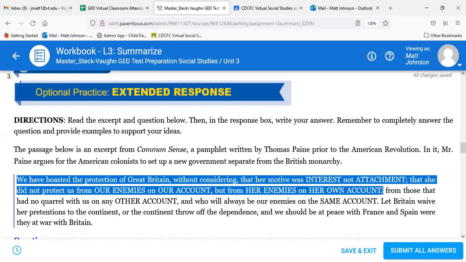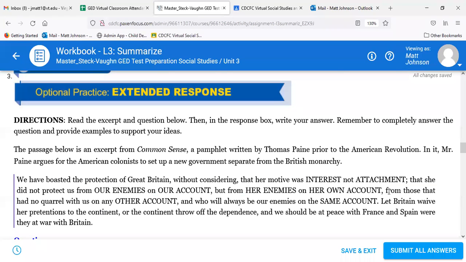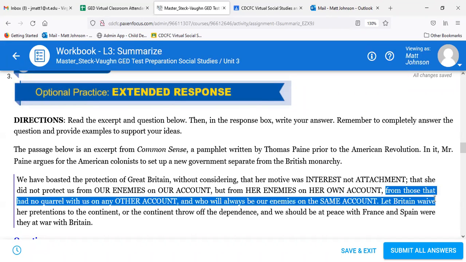I think if we go down to the next couple sentences, right? From those that had no quarrel with us on any other account, and who will always be our enemies on the same account. So basically talking about France and Spain there, right?